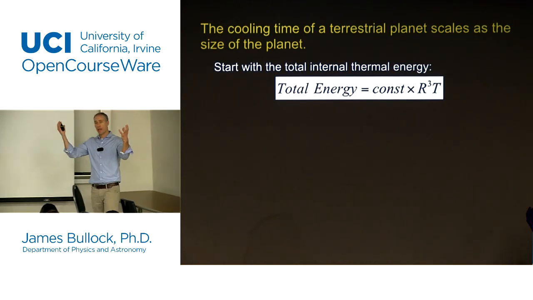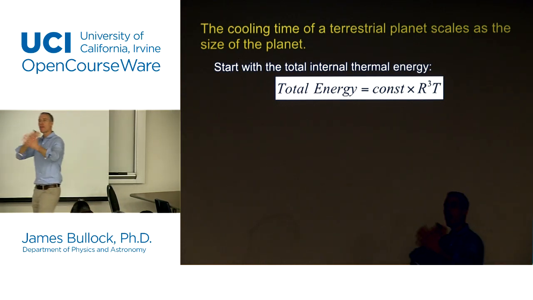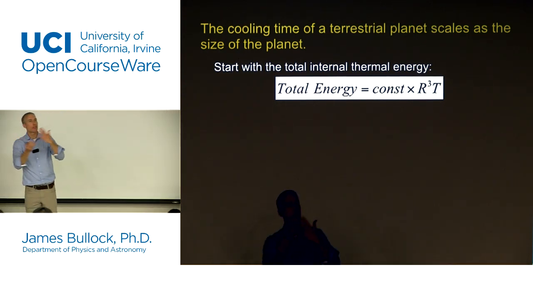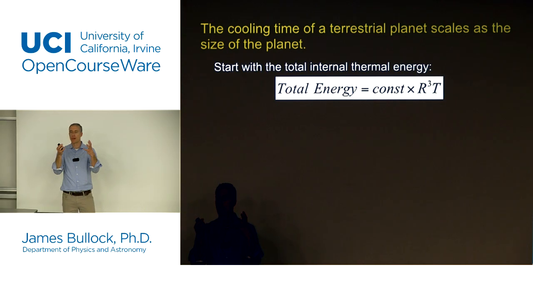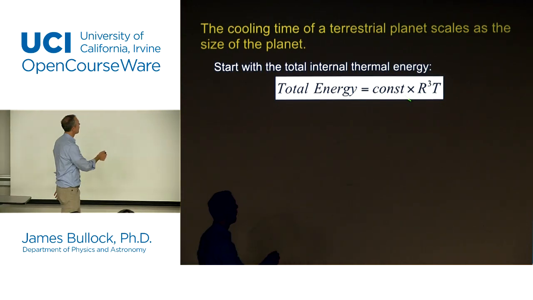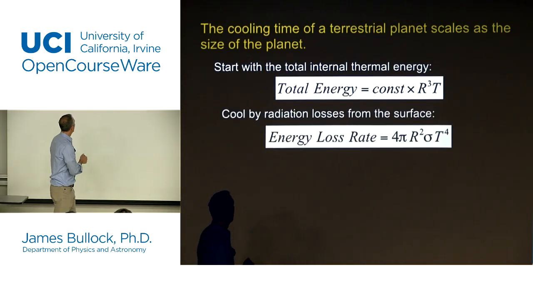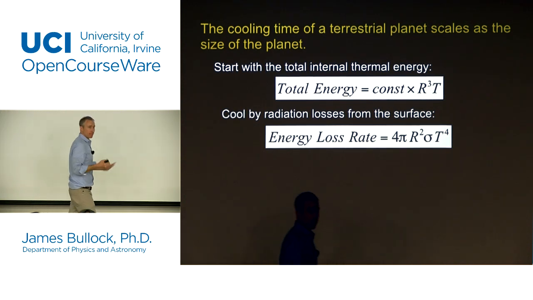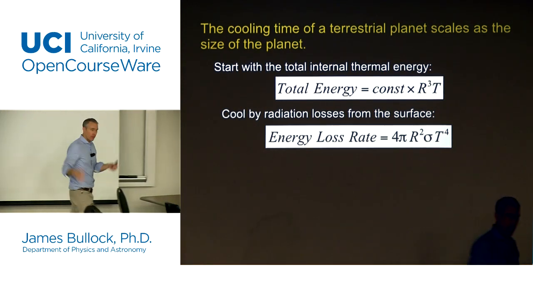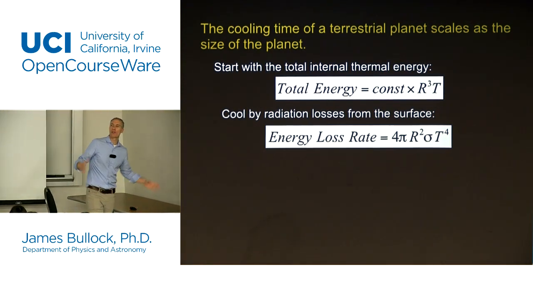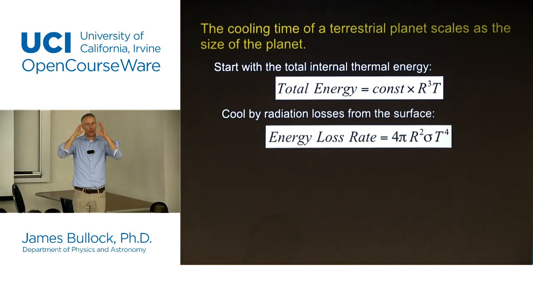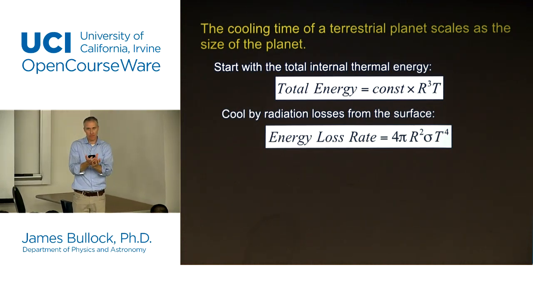And the temperature of the planet gives you some sense of the average amount of kinetic energy that the things that make up the planet have, okay? So it's just the volume times the temperature. Now, when you cool off, you are emitting energy out of your surface, okay?